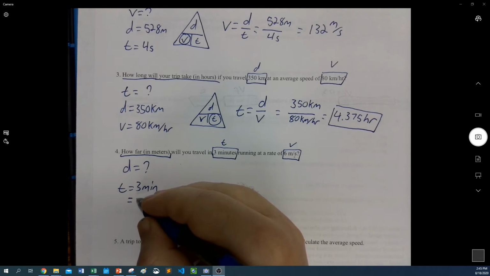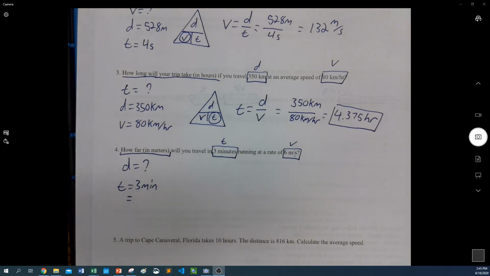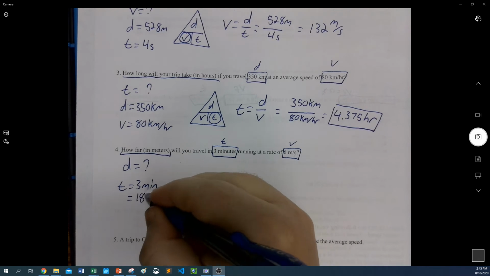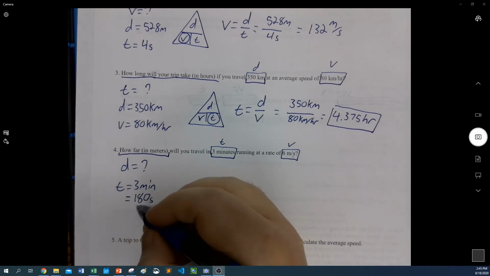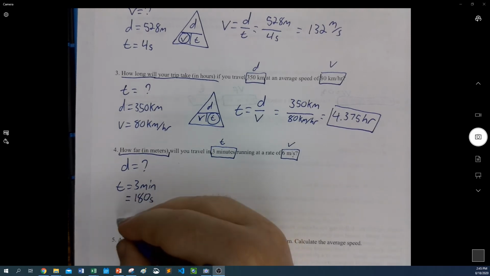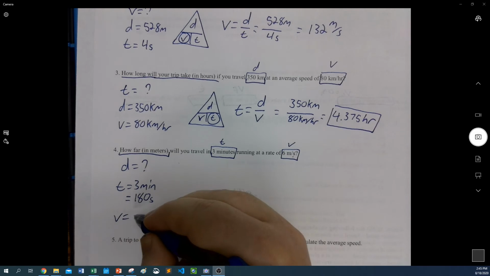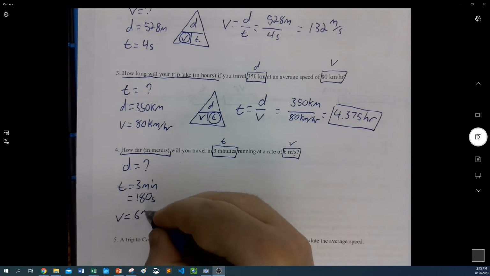There's 60 seconds in 1 minute. So 180 seconds. And our speed is 6 meters per second.